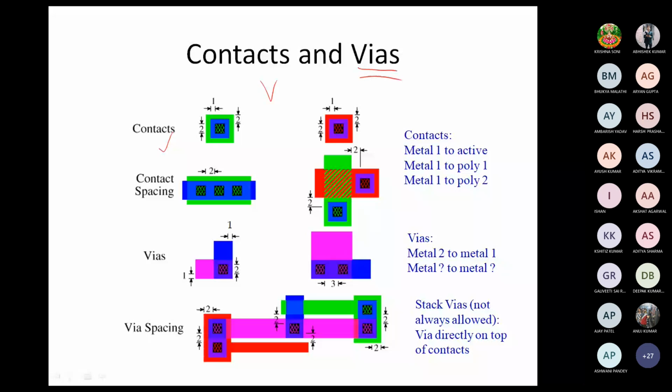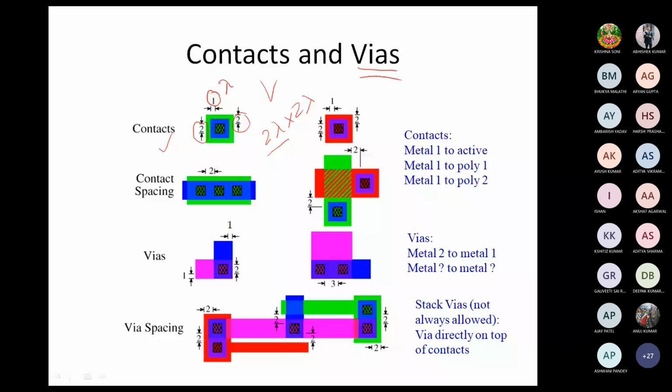The minimum size of these vias is going to be 2 lambda by 2 lambda. These numbers which we see here are in terms of lambda, so 1 unit means 1 lambda.